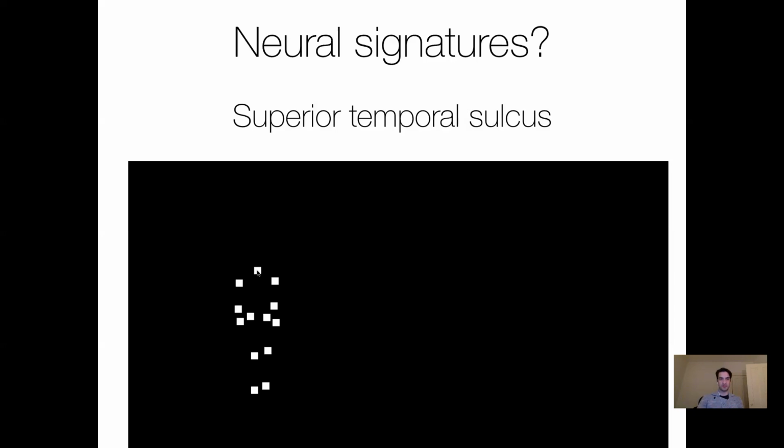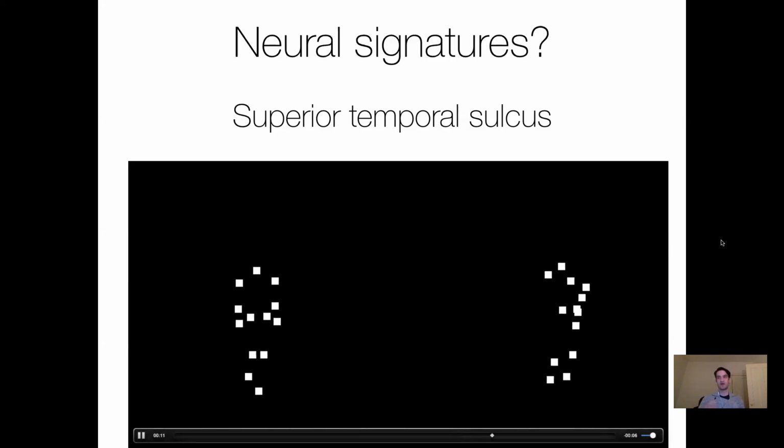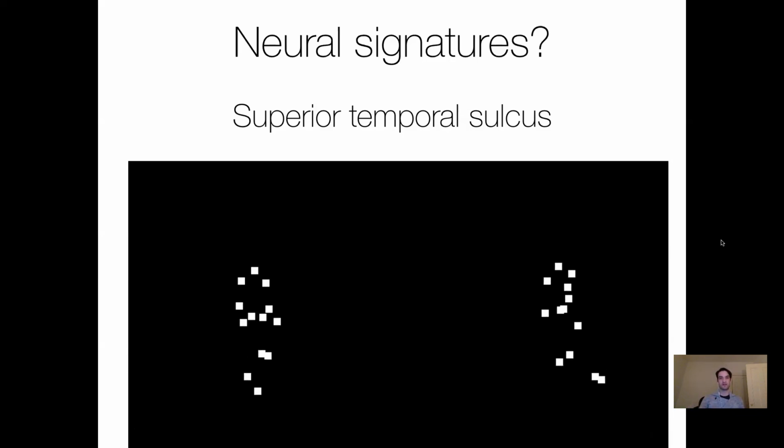Maybe this is their left shoulder, their right shoulder, that's their arm, another arm, their hips, their legs. And so you can show people moving dots that move kind of like this, where you can see it's a person walking, compared to when you scramble those dots. It's the same motion trajectories, but in this particular case, since they're scrambled, it doesn't make a coherent pattern of a person that looks like they're moving.